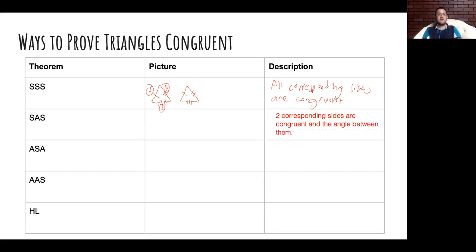So if I'm going to draw a picture here, I'm going to draw a side and then an angle between the sides here. And likewise, on this triangle, I do the same thing. And this spells side, angle, side.